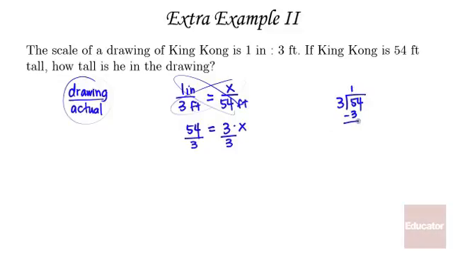This is 3. Subtract it, you get 2. Bring down the 4. 3 goes into 24 8 times. So x is 18. That means 3 times 18 is 54, right? And since that's the top number, that's the drawing number, I know that's in inches. So King Kong is 18 inches tall in the drawing. Okay.